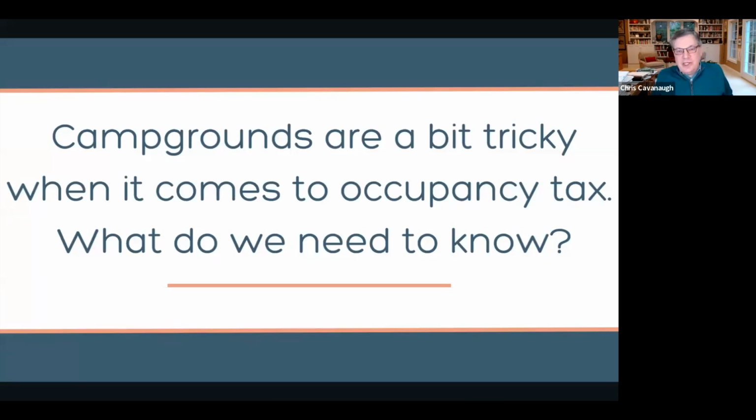But this is a big issue in a number of communities that really rely a lot on campgrounds as overnight accommodations. And to be honest, there's nothing in North Carolina law that spells out specifically what should be charged occupancy tax and what should not be.